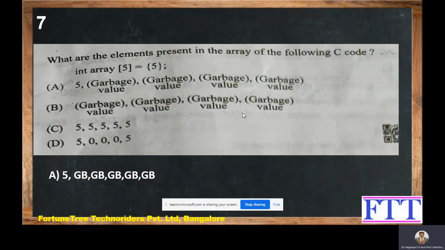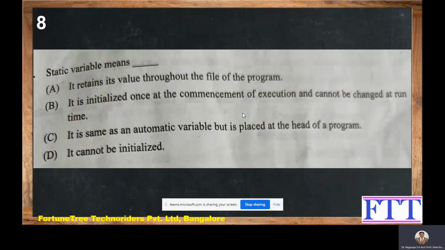Eighth one, static variable means option A, it retains its value throughout the life of the program. Option B, it is initialized once at the commencement of execution and cannot be changed at runtime.